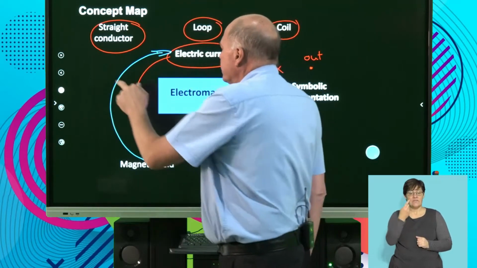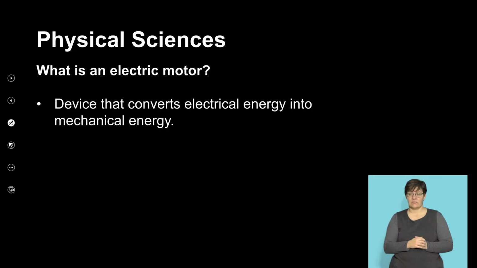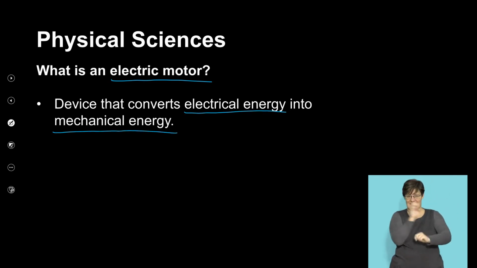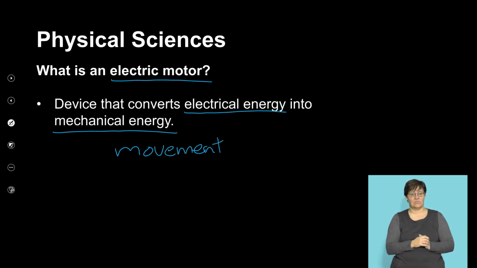So the first thing we're going to look at is, what is an electric motor? Well, it's a device that converts electrical energy into mechanical energy. When we talk about mechanical energy, we're really talking about movement. So we're saying, let's pass an electric current into a conducting wire or a coil, and let's place that in a magnetic field.